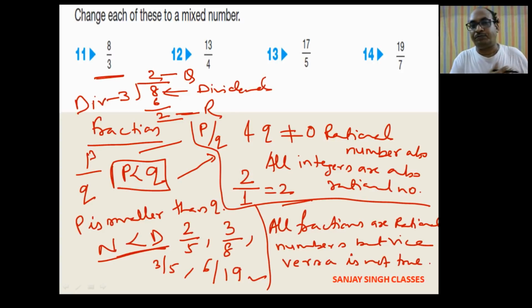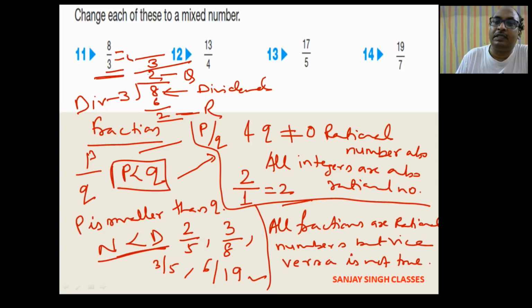So now what we need to do to convert it into a mixed number: whatever is there in the denominator, write in the denominator as it is, no change. This 3 was in the denominator, so you put 3 in the denominator. Here we need to put the quotient, and here we need to put the remainder.